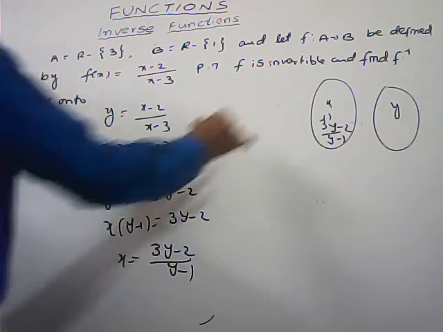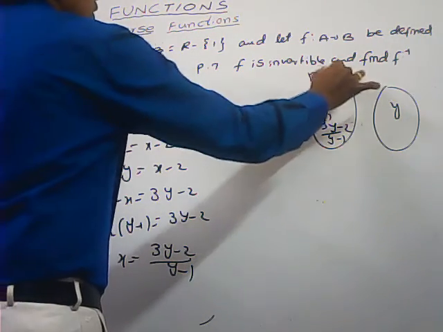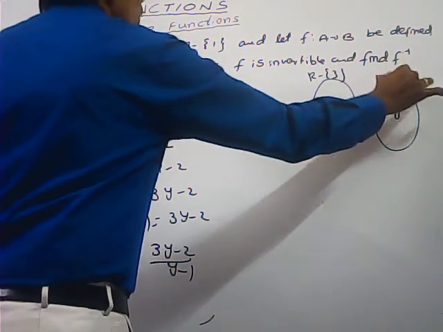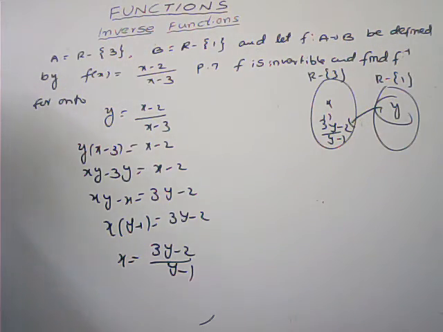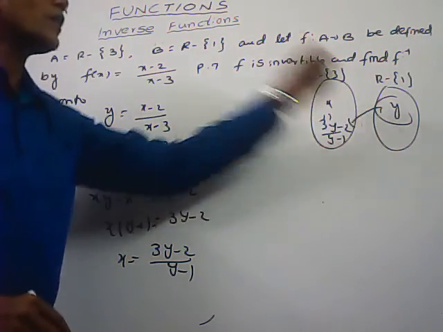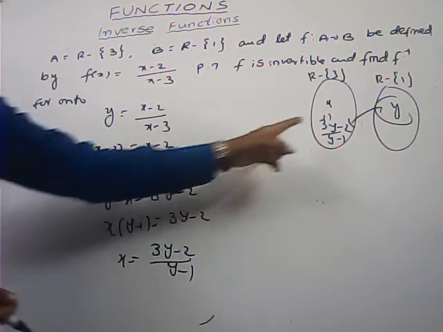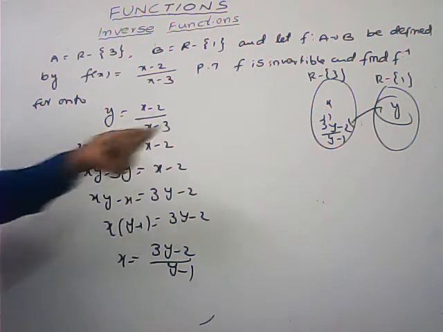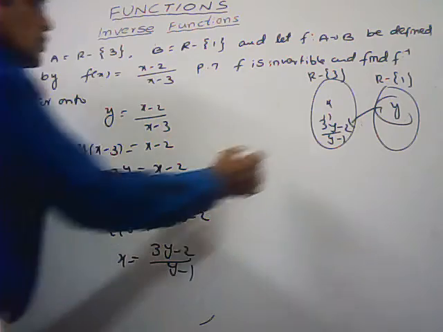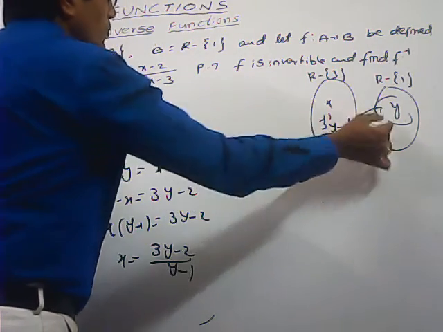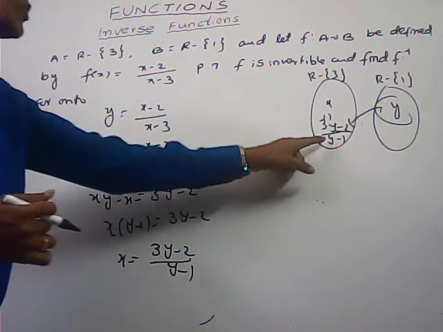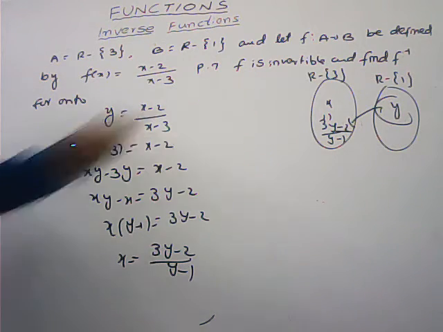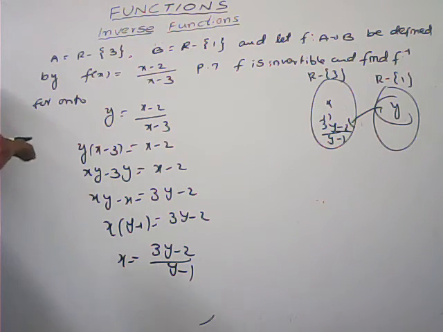Here in the domain, set of all the real values are there except 3, here set of all the real values except 1. Now, what is the preimage of y? 3y minus 2 by y minus 1. By taking every real value except 1, check whether 3y minus 2 by y minus 1 exists or not. It doesn't exist for 1, but 1 is not there in the codomain. Remaining 3y minus 2 by y minus 1 exists for every real value except 1. So all the elements in the codomain have a preimage.